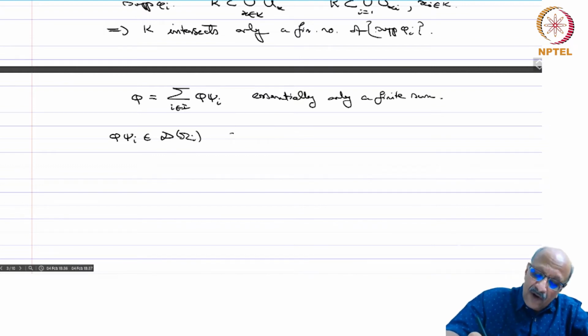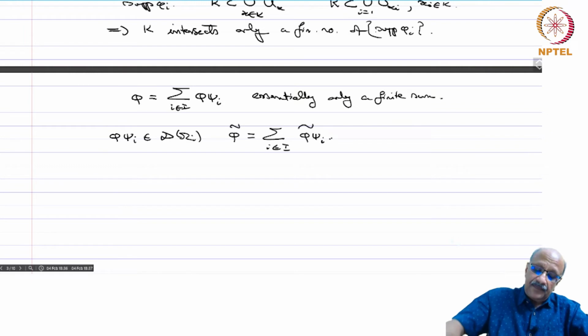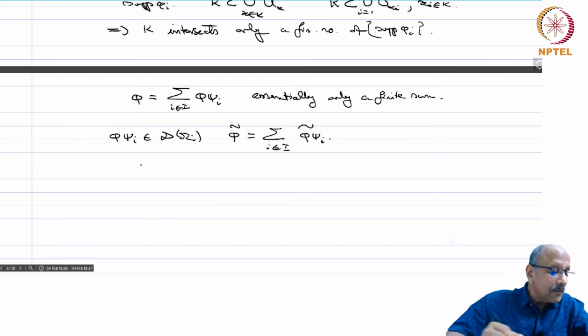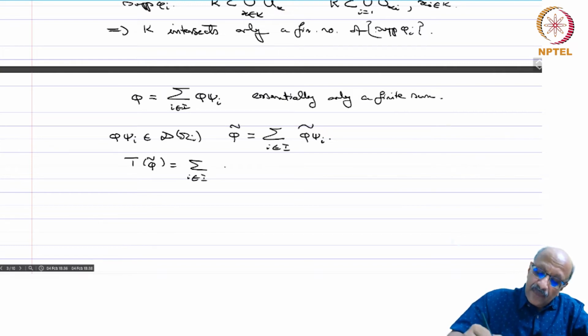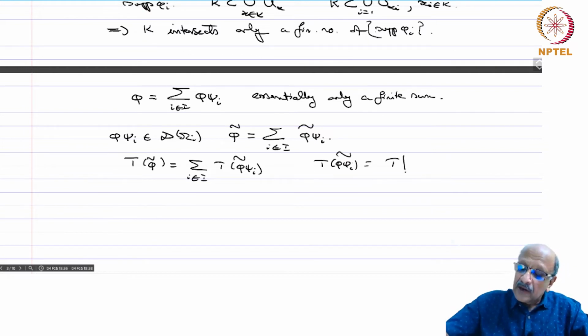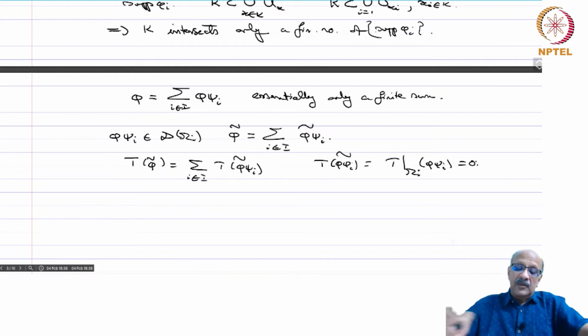And also you have φ tilde, the extension by 0, which is nothing but the sum over i in I of (φψ_i) tilde. So now we have T of φ tilde is equal to the sum over i in I of T of (φψ_i) tilde, and T of (φψ_i) tilde is nothing but T restricted to ω_i of φψ_i, and that is given to be 0 because T restricted to ω_i is 0.